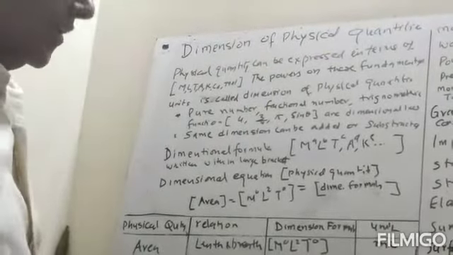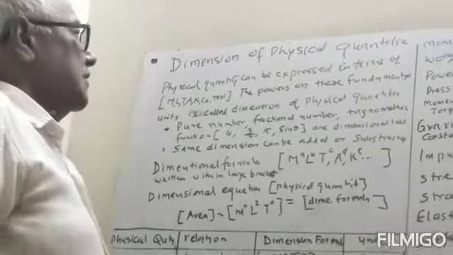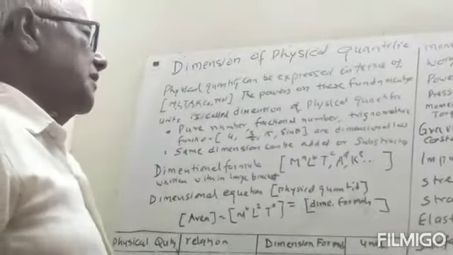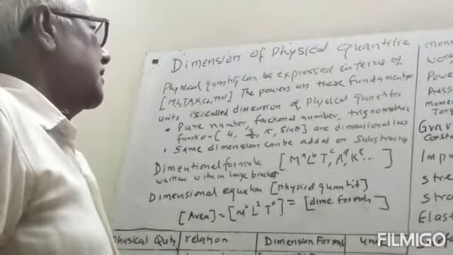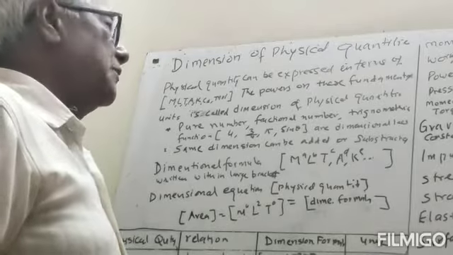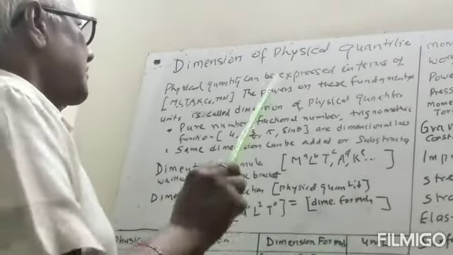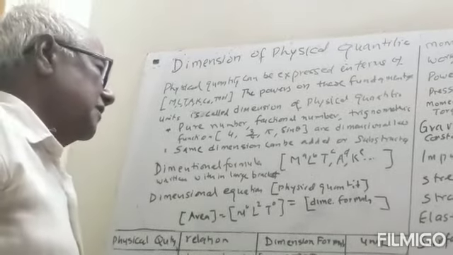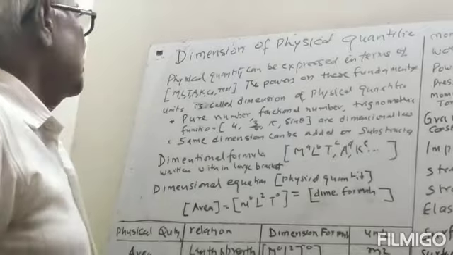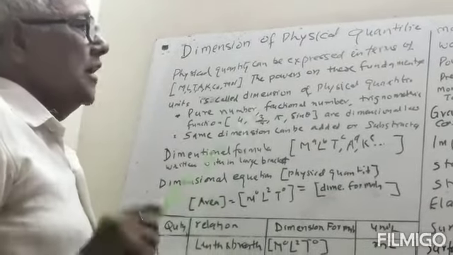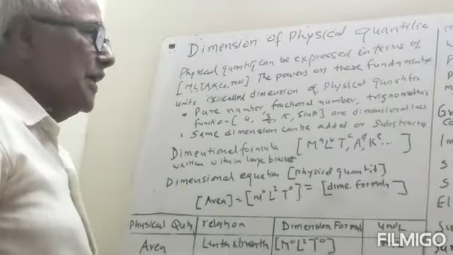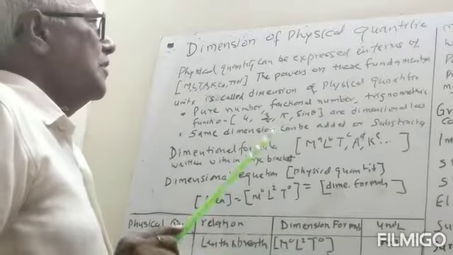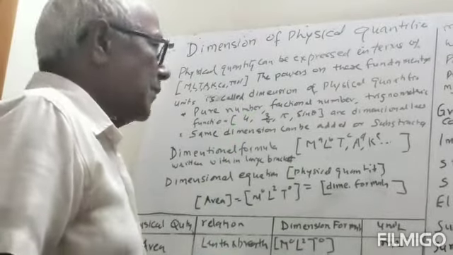Dimension of physical quantity. Now we know that the physical quantity may be derived units or standard international units. So any physical quantity is always expressed in terms of the fundamental units.